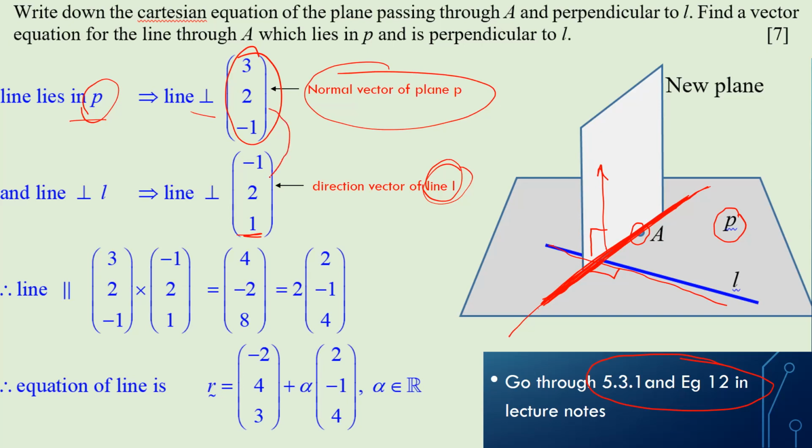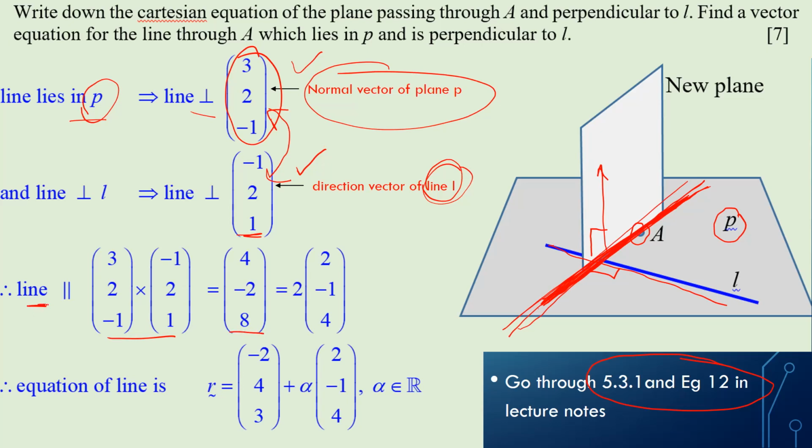So if I do a cross product of these two items, I'll get a direction that is concurrently perpendicular to 3, 2, minus 1, as well as minus 1, 2, 1. And that is actually the direction vector of this red line that I'm interested in. So the cross product will produce 4, minus 2, 8.